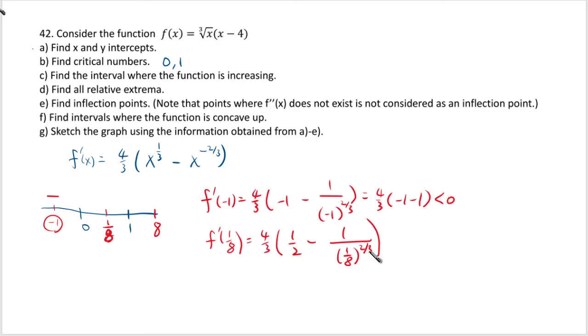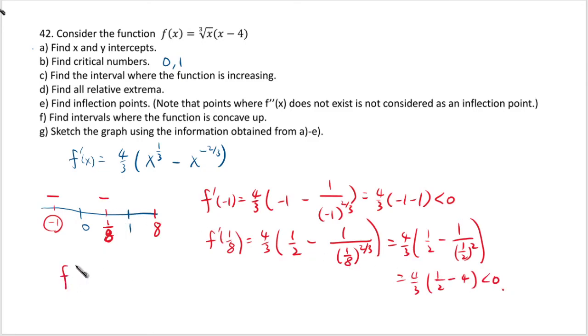Well, the 1/3 power is the cube root, so you first take the cube root, which is 1/2. That's 4/3 times 1/2 minus 1 over 1/2, but there's still a square there, right? So that's 1/4. Dividing by 1/4 is multiplying by positive 4. So that's going to be 4/3 times 1/2 minus positive 4. Oh, so that's negative again.